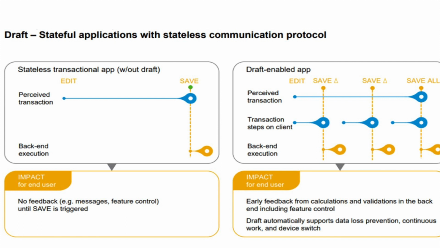Okay, so let's see what is basically the difference between the stateless transaction and the draft enabled application. Whatever we have seen so far is a stateless transaction, that is the without draft case. Let's say in the UI, I click on edit.